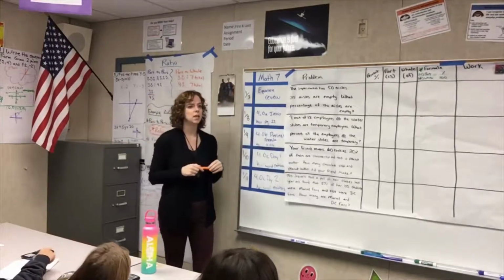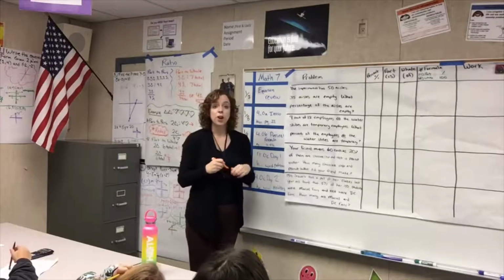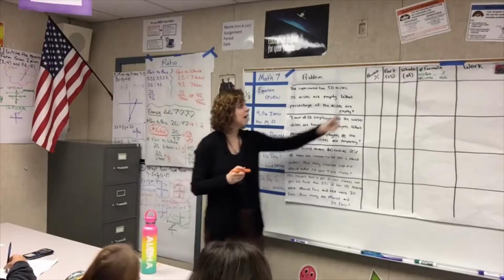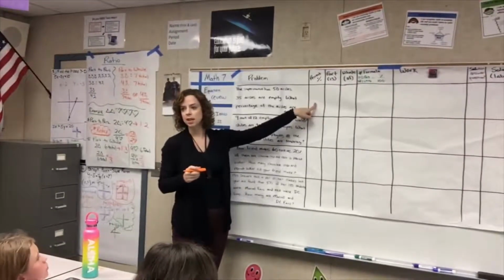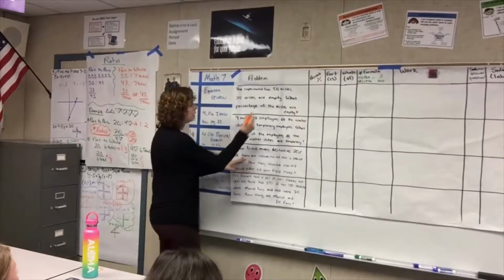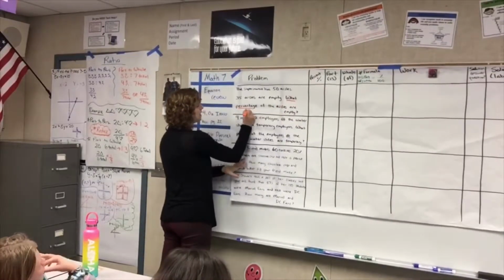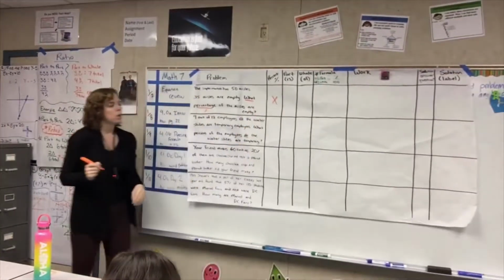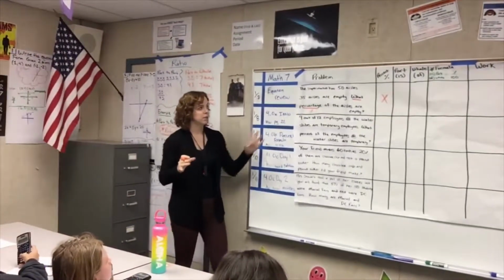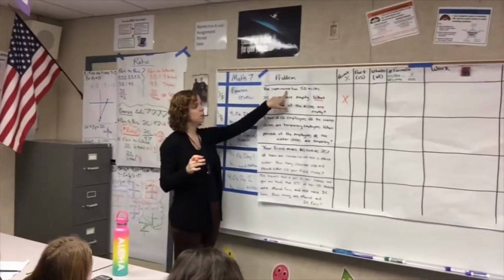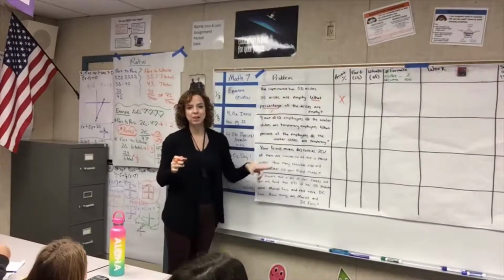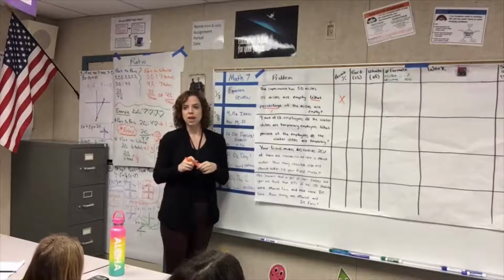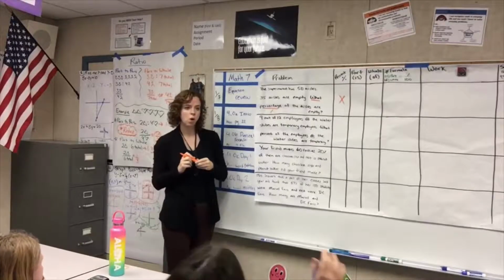First, did it tell us the percent in this problem? No, because it says right here, what percent? We do not know that, so that's our X. We do have 2 numbers. In the first sentence it says the supermarket has 50 aisles. Do you think that is the part or the whole?